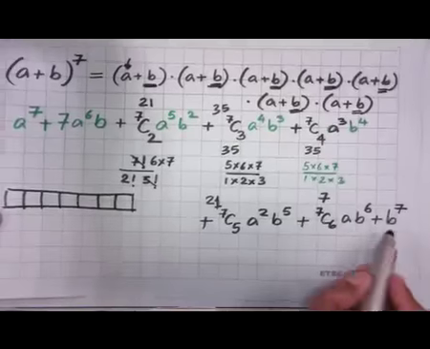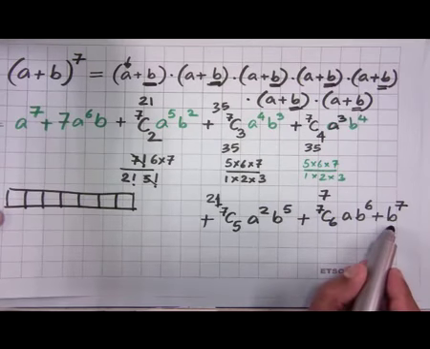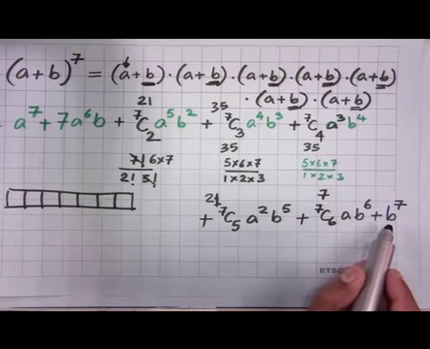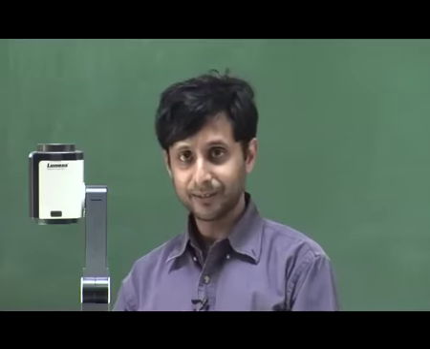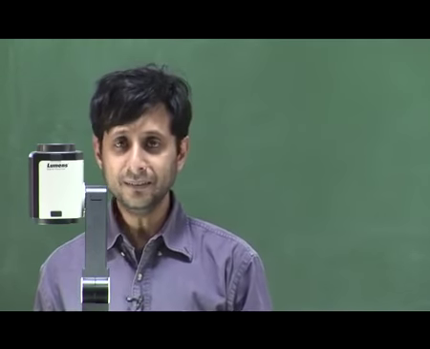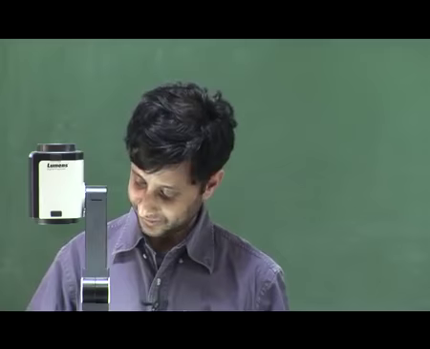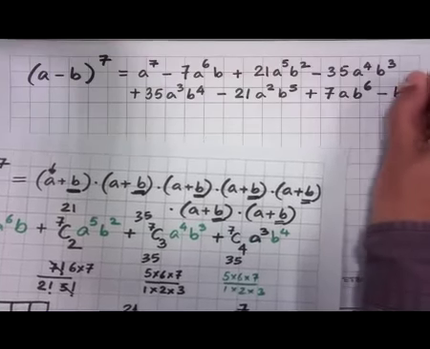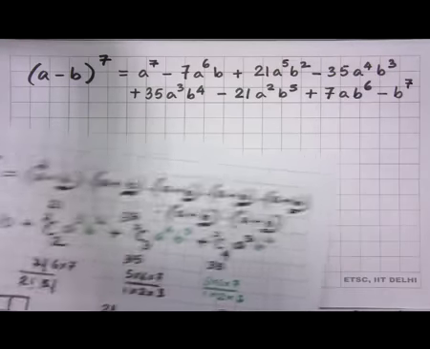And lastly, you had b power 7, you replace b with minus b, what will you get? You will get minus b power 7. Great.